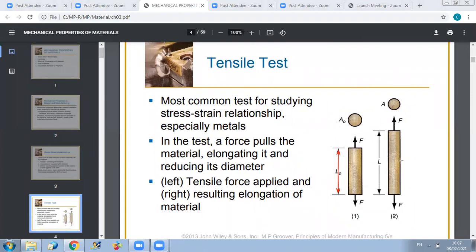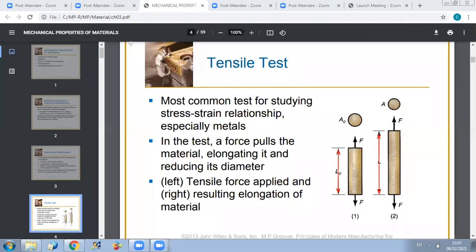Now, at any instant, we can measure for each force applied the corresponding length of the specimen, and we'll continue this until fracture. Okay, so in this test, a force will pull the material, elongating it and reducing its diameter. We can see in this figure the initial state, and in this figure, at any time, with a certain elongation L, how our specimen will be.